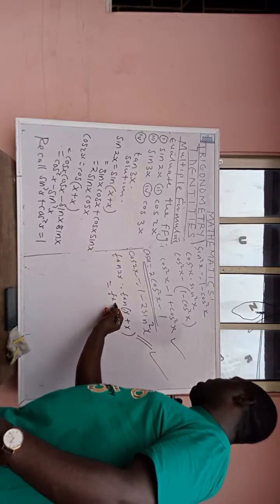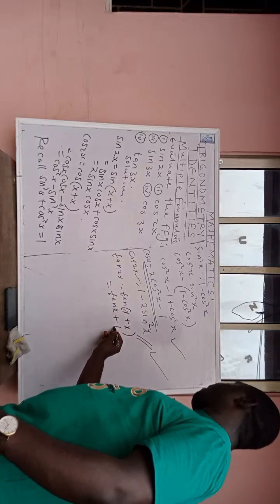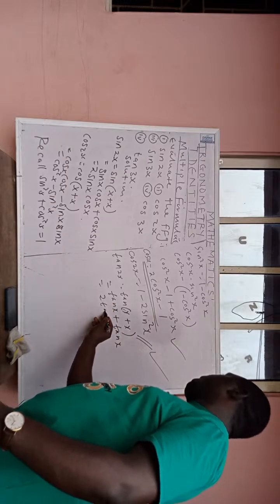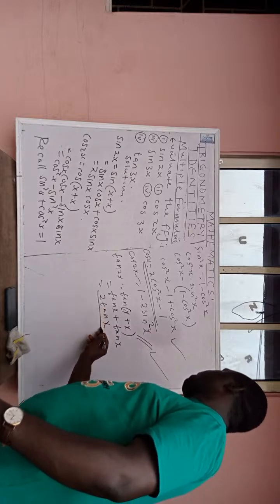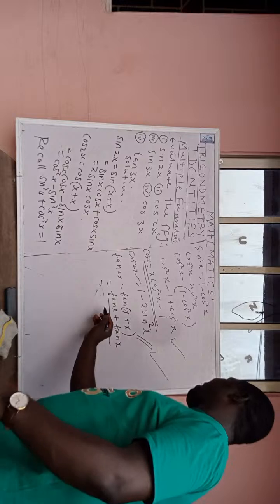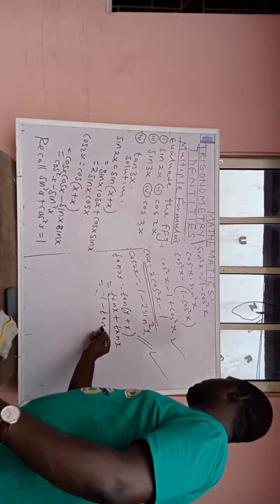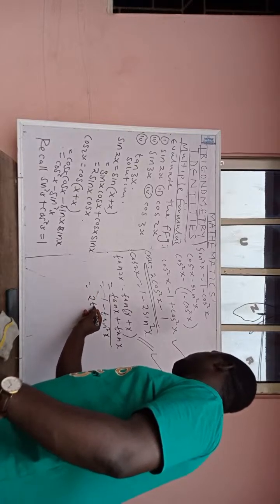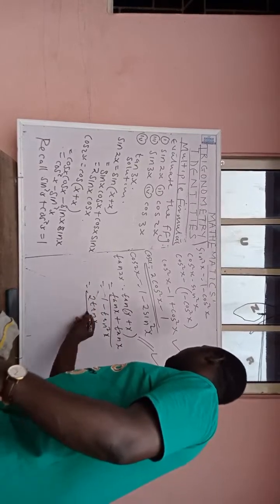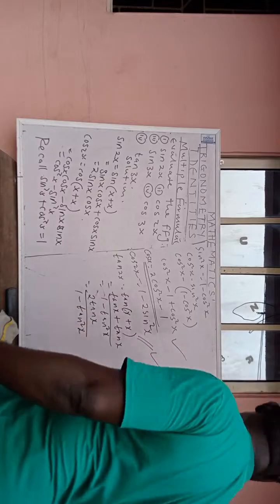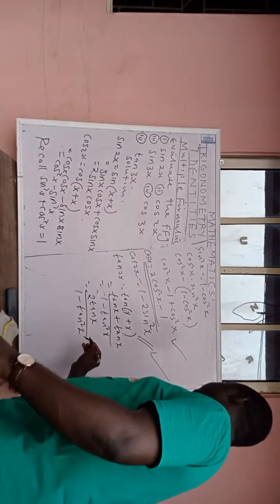So you have tan x plus tan x over 1 minus tan x tan x, which is 2 tan x over 1 minus tan square x. So this is the answer to this.